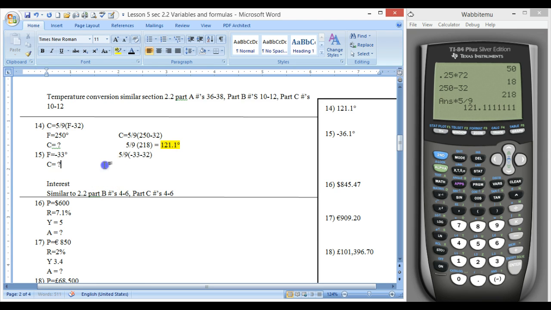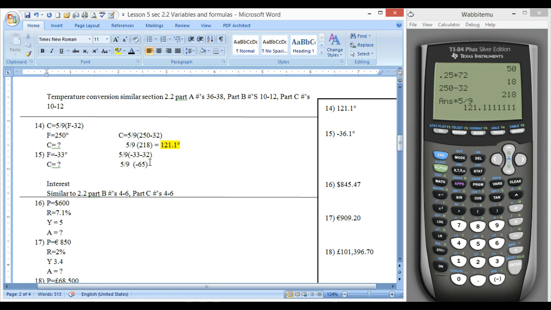Okay, so Please Excuse My Dear Aunt Sally means parentheses first. So inside here, I need to subtract. Negative 33 minus 32 gives me, and I'm going to put that in parentheses as well, negative 65. There we go.